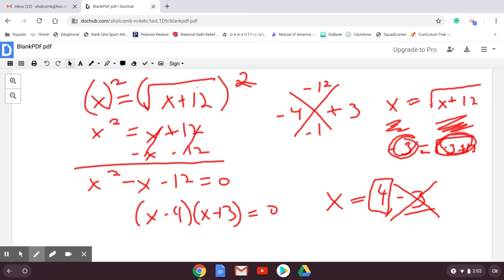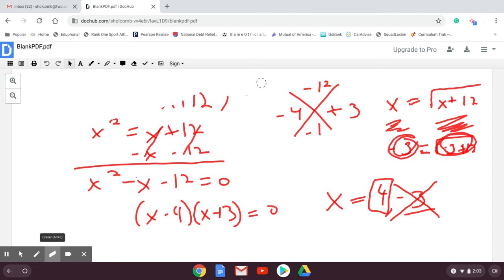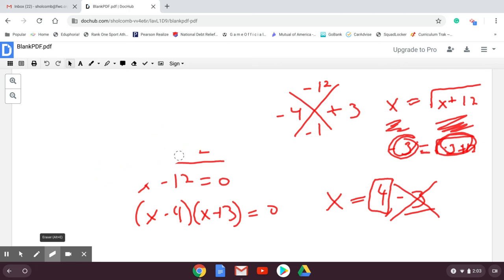All right, so let's try another one, give you a little bit more practice. This is the part that's going to be difficult on this particular assignment. And if you're struggling understanding which answers you should or should not accept, send me an email.